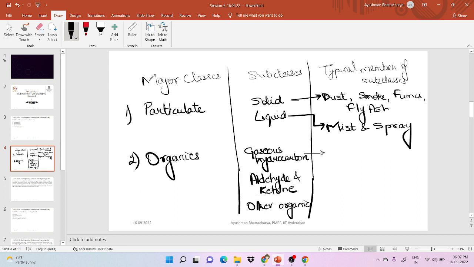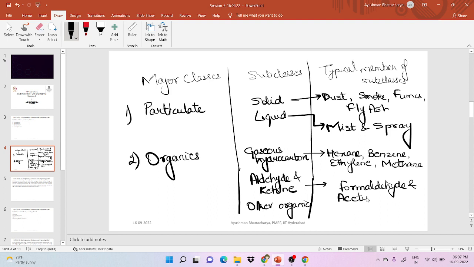In gaseous hydrocarbon comes hexane, benzene, ethylene, and methane. Under aldehyde and ketone, formaldehyde and acetone come. And under other organics, alcohol and chlorinated hydrocarbon.